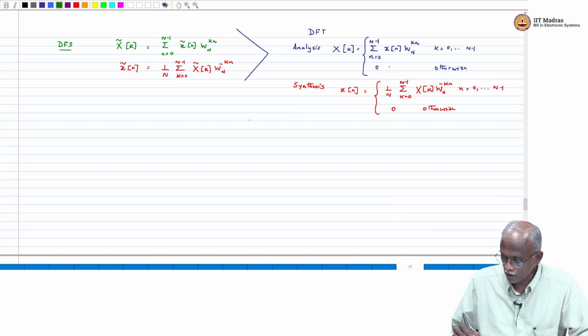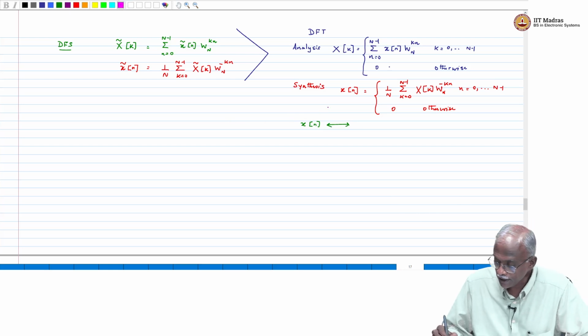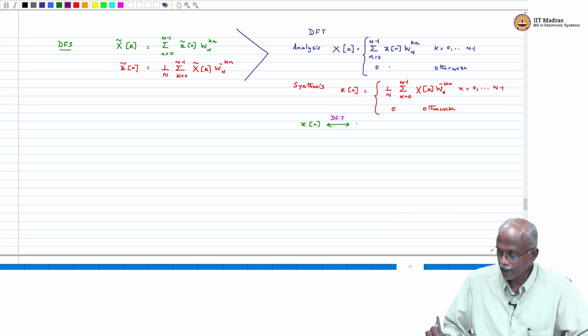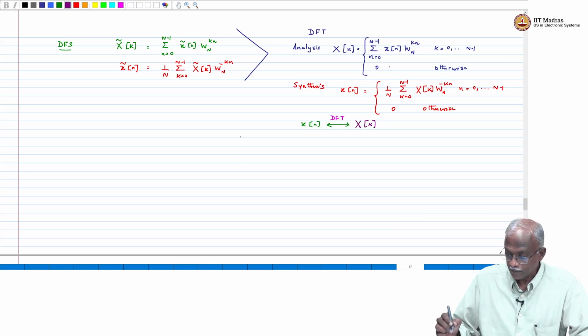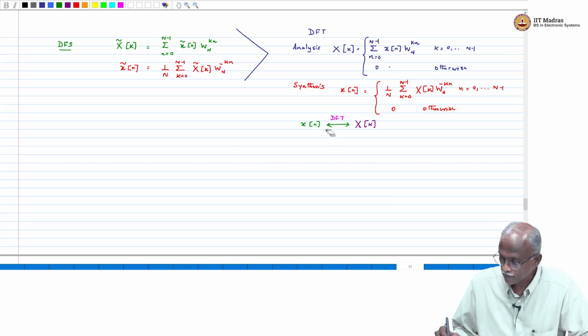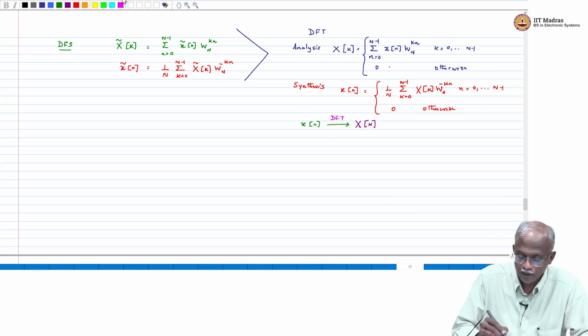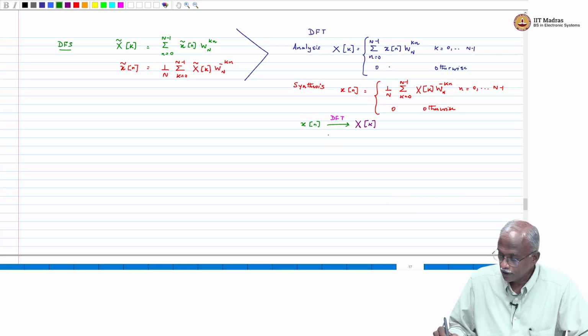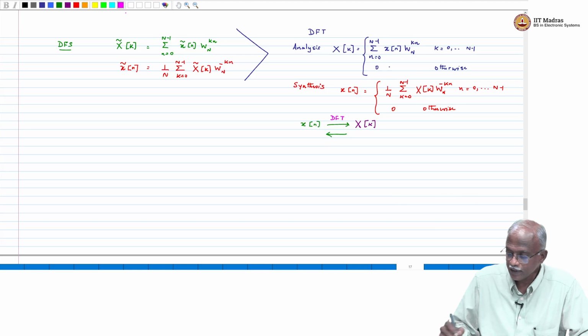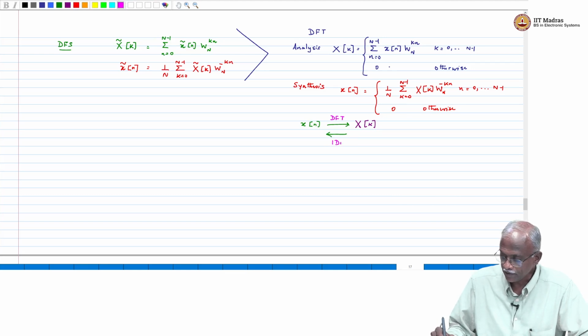So, we now give the notation as x of n having the discrete Fourier transform, DFT, relationship given by X of k. We can also say that this is the forward transform, and the reverse transform is called the inverse DFT, IDFT.